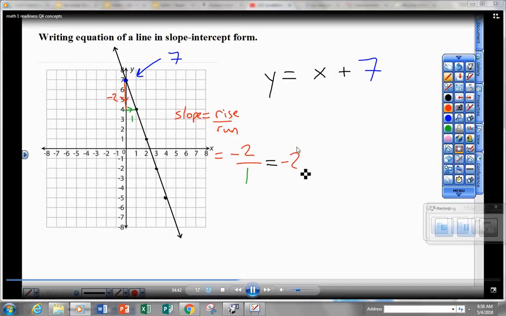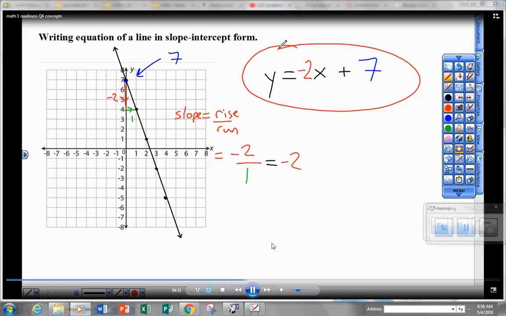So my equation, when I put that negative 3 in front of x, is y equals negative 3x plus 7. So again, make sure you change that. That's not y equals negative 2x. That slope is really going down 3 over 1. So that is negative 3 right there. So that equation is y equals negative 3x plus 7.